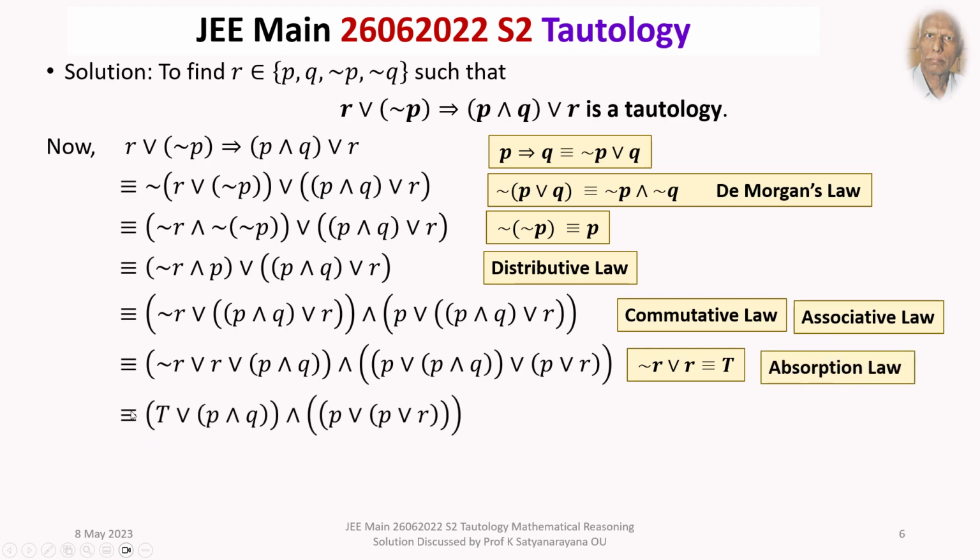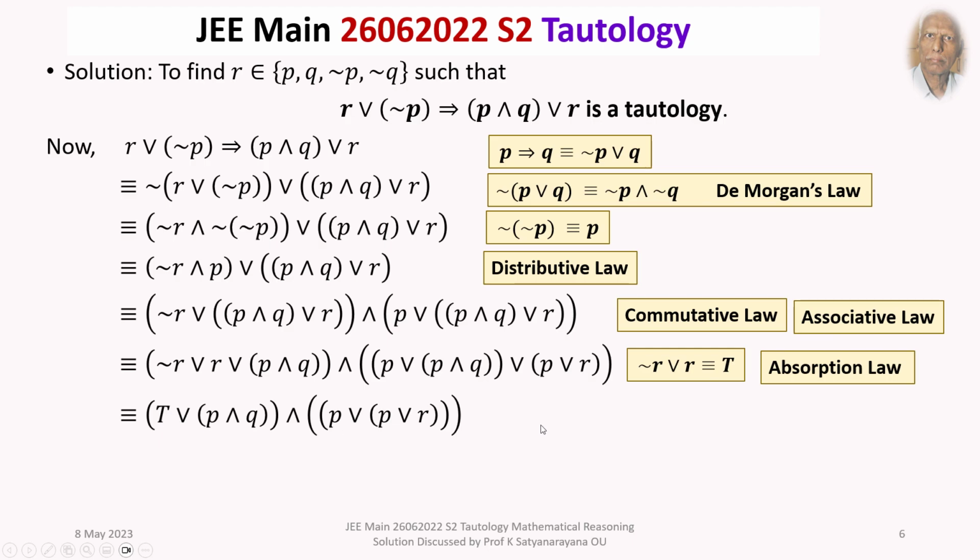So this will be logically equivalent to T, meaning truth value T, true or tautology, or P and Q, and using the absorption, you get P or R.